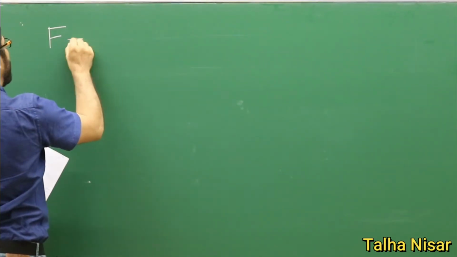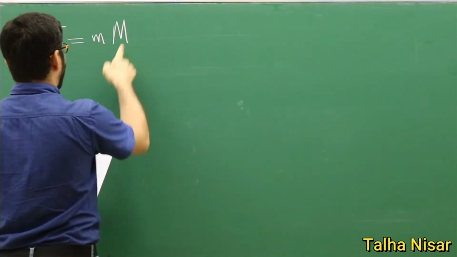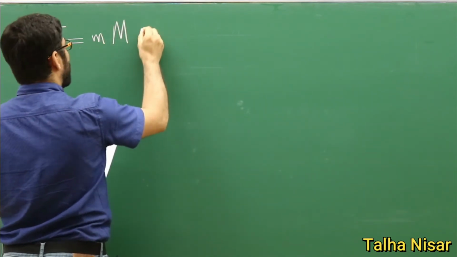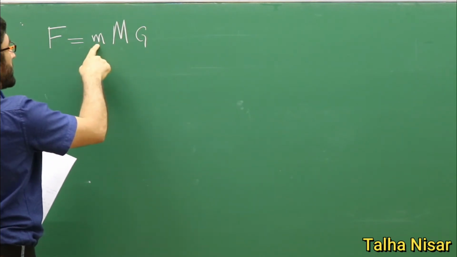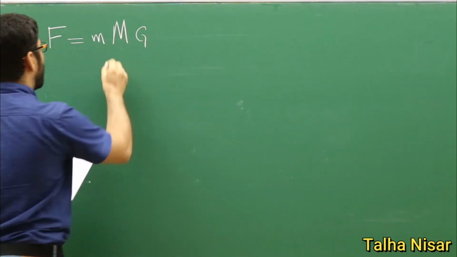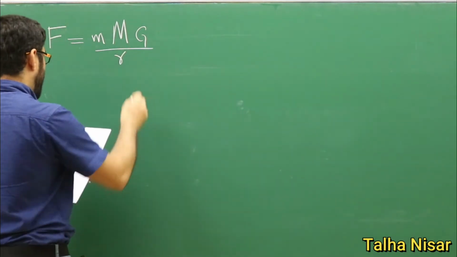So we have here small m and big M, usually the Earth. Otherwise, in general terms, you can say mass 1 and mass 2, divided by r squared.